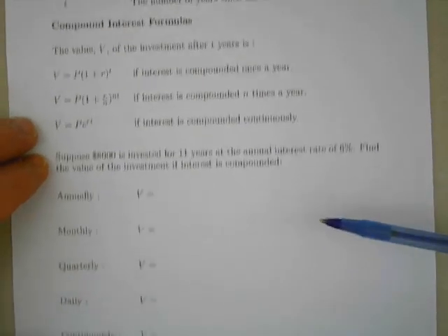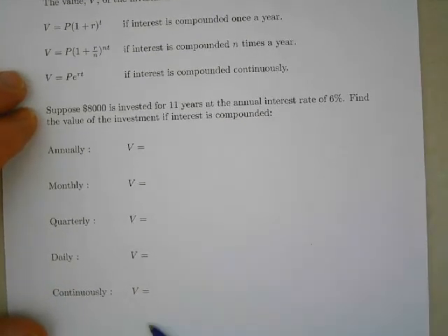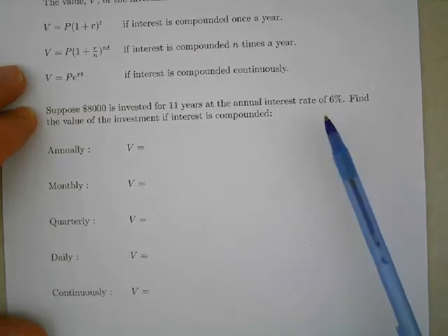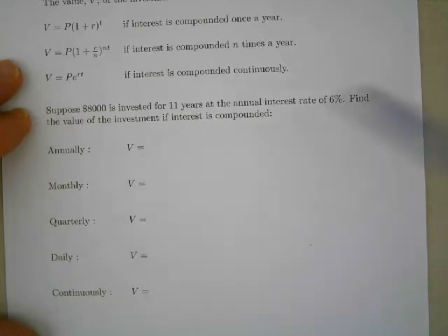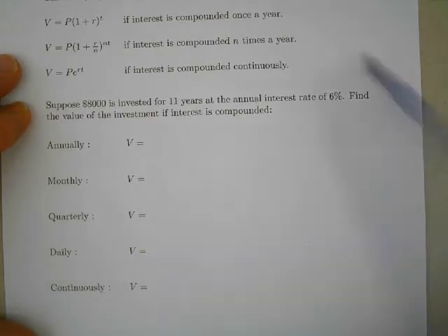Okay, so we'll use the compound interest formulas to write down the value of a certain investment after a certain amount of time with a certain interest rate. In this problem, suppose $8,000 is invested for 11 years and the annual interest rate is 6%. Find the value of the investment if interest is compounded annually.